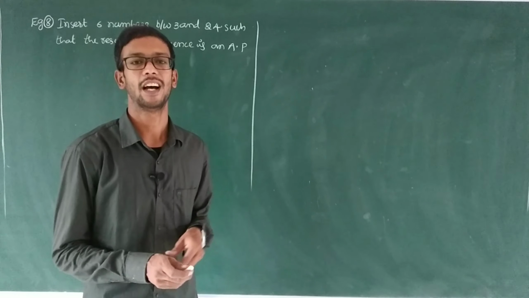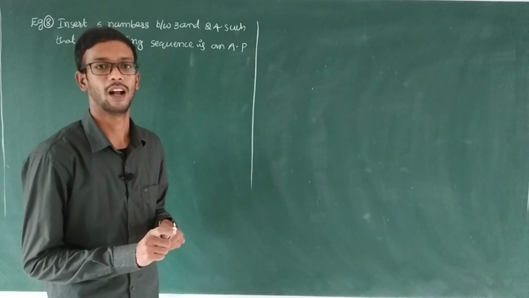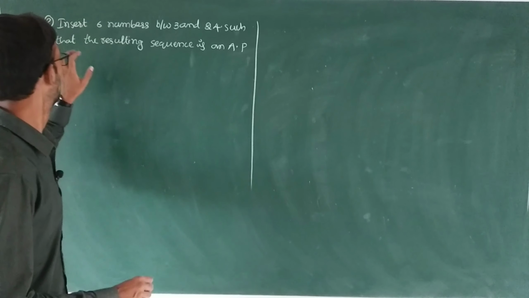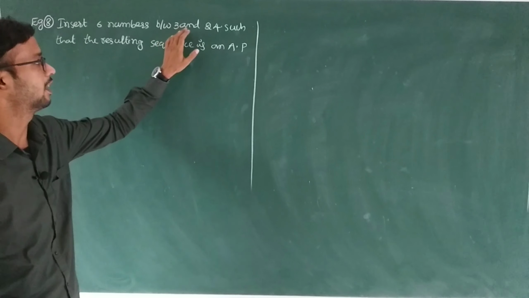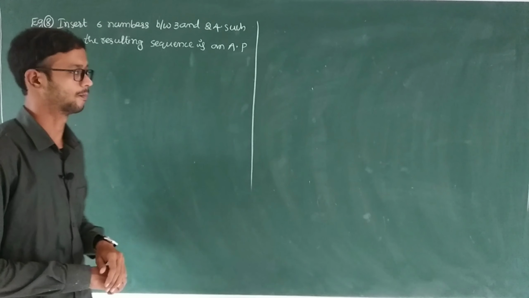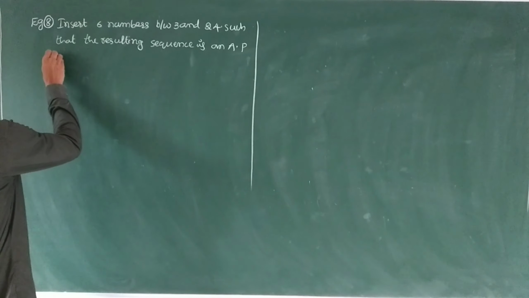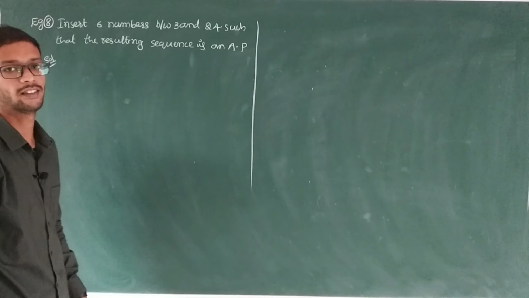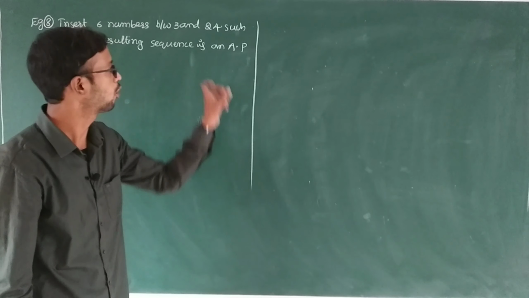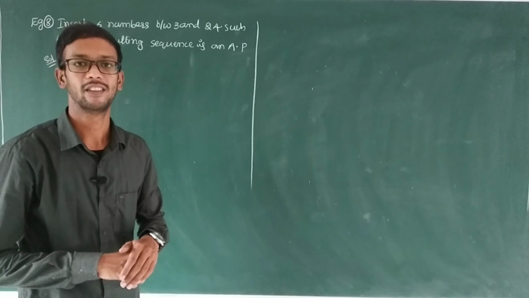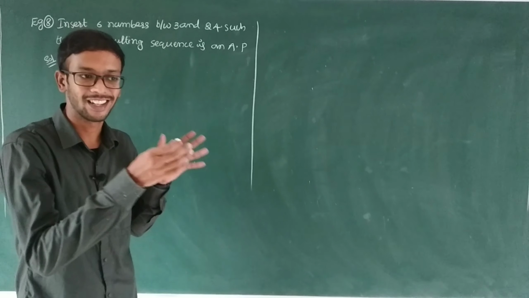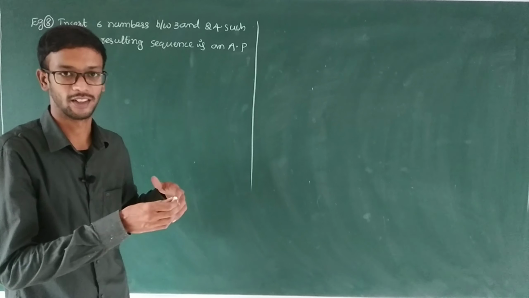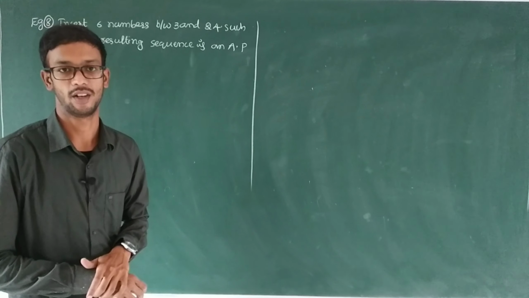Now, example 8 based upon arithmetic mean. Insert 6 numbers between 3 and 24 such that the resulting sequence is an AP. You have to insert 6 numbers between 3 and 24 and the resultant sequence is an arithmetic progression.